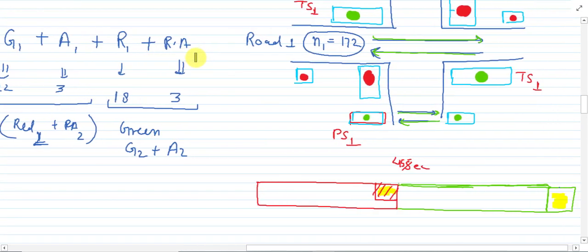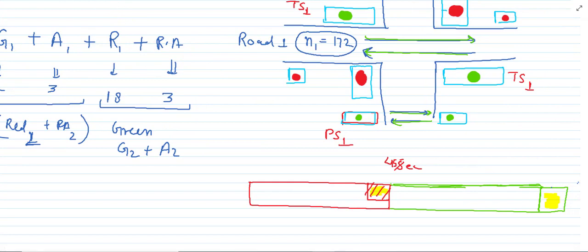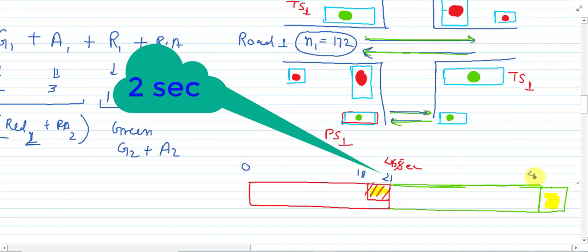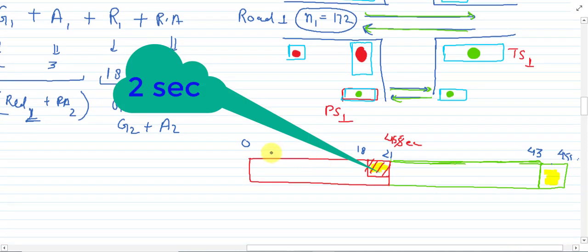Now we can say that this is 0 second, this is 18 second. After 18 we will add 3 second for red amber, so it will count as 21. After 21 we will go with 22 second, so it gives 43, and this is the 45 second. Or in simple words, this is moving in this direction like an incremental time cycle.